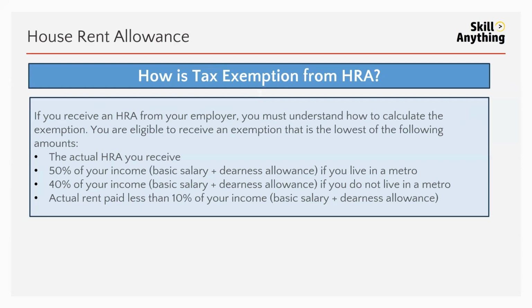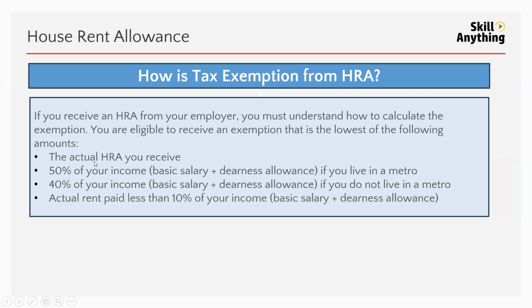If you receive HRA from your employer, then you must understand the calculation of the tax exemption for HRA. The tax exemption is the lowest amount of three rules that we have to follow.